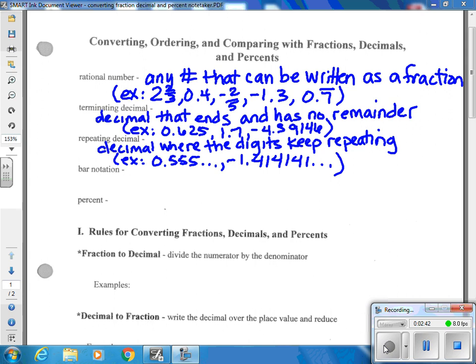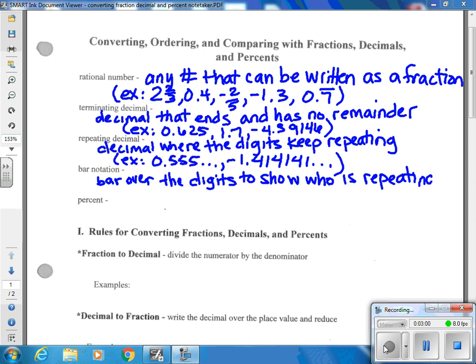Right? Bar notation goes along with repeating decimals. This is the bar over the digits to show what is repeating. So when you see that bar over certain numbers, those are the only numbers that keep repeating in your problem, right?